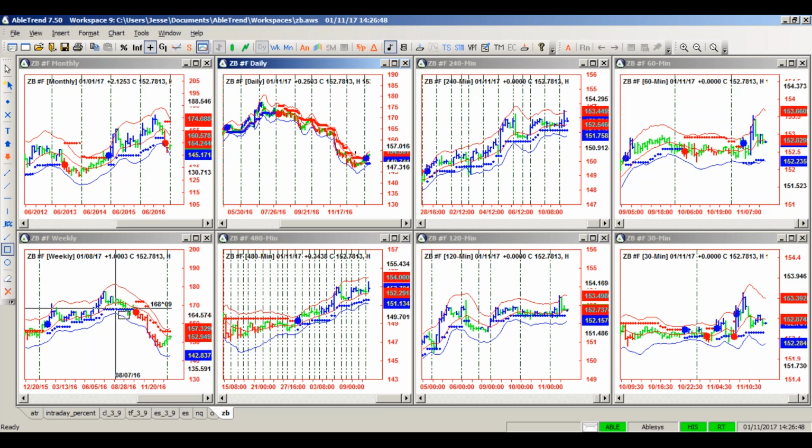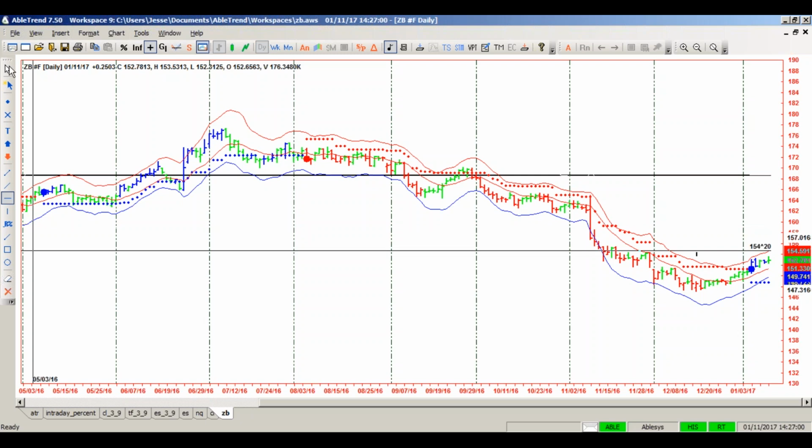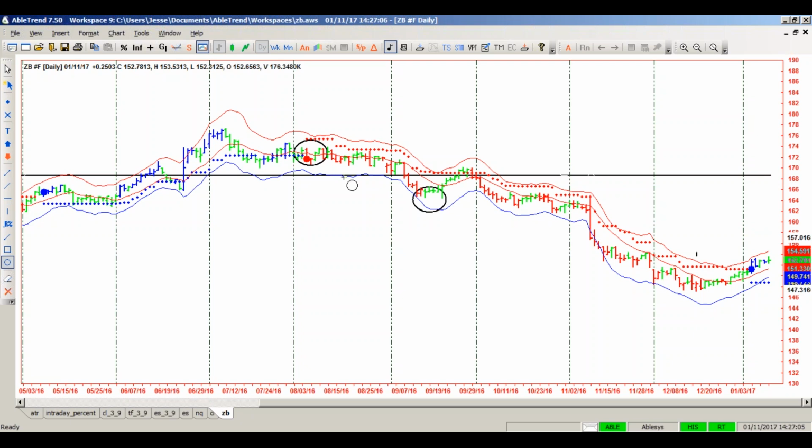We had support here on the weekly chart back last year at around 168, right? So if I draw a line there at around 168, which is here, we saw the sell signal start to come in, broke out below that, pulled back, right? Not an insignificant pullback.